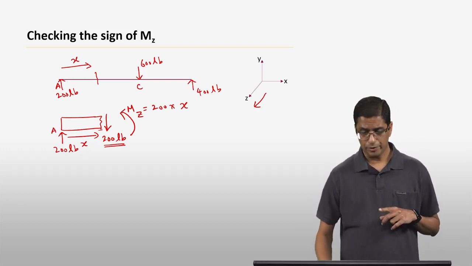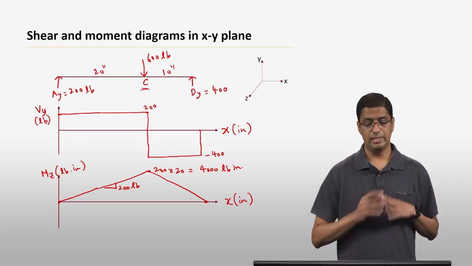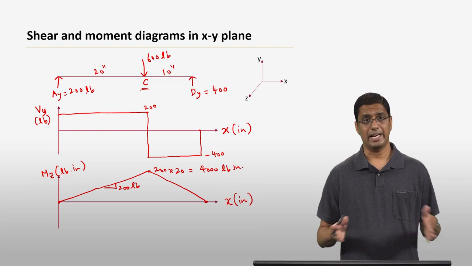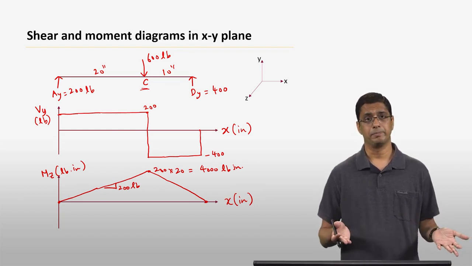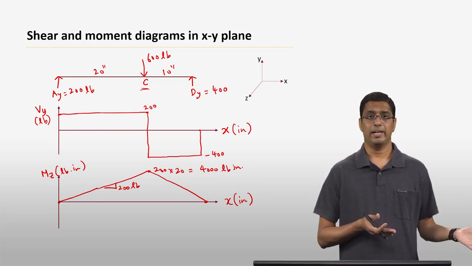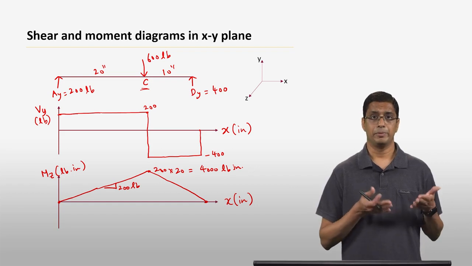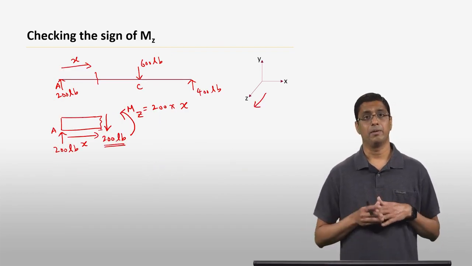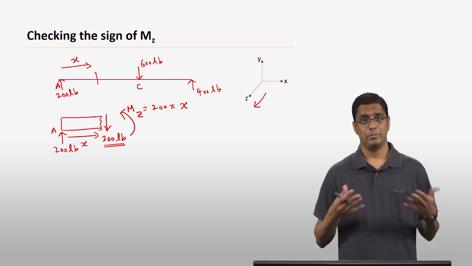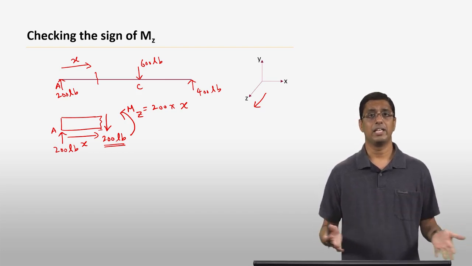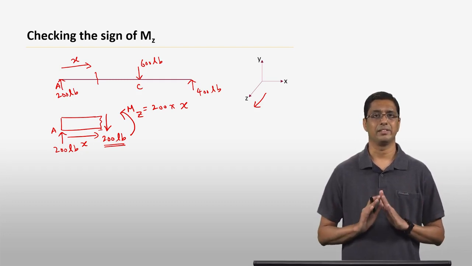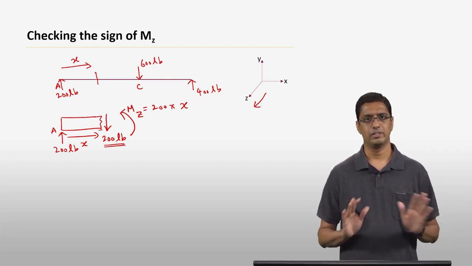If you go back and look at the moment diagram that we constructed, M_z is positive for any point between A and C. So the moment diagram says the moment should be positive between A and C, and our free body diagram also says the moment is positive, which means our moment diagram is correct as it is. We don't have to do anything. So we are good.